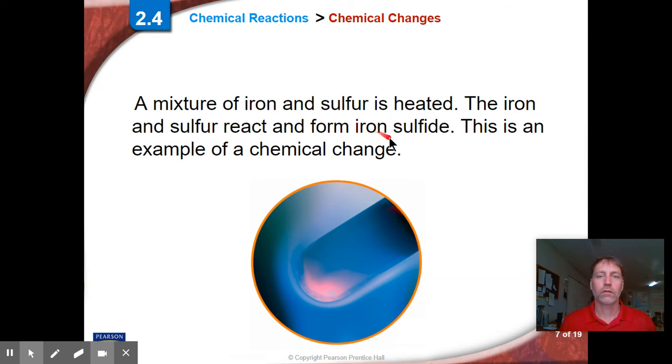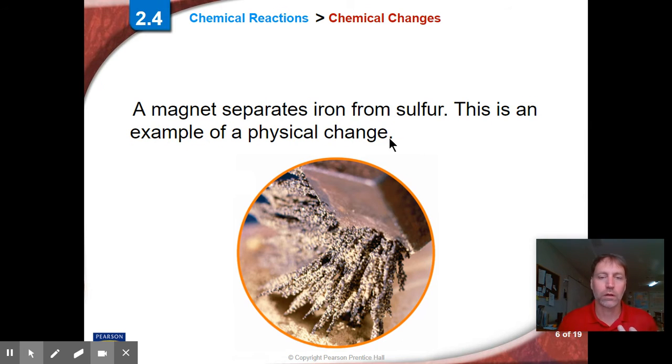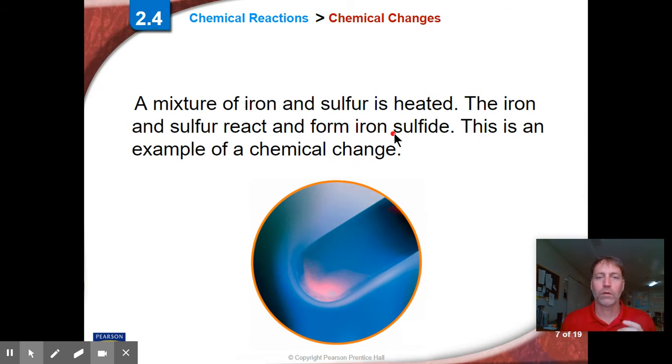And that iron and sulfur are now chemically bonded together, forever changed. So in this example, the iron and the sulfur were separate; we could separate them. Now that we've added some heat, we've induced a chemical reaction, and in that iron sulfide the iron is forever bonded to the sulfur. So this is an example of a chemical change.